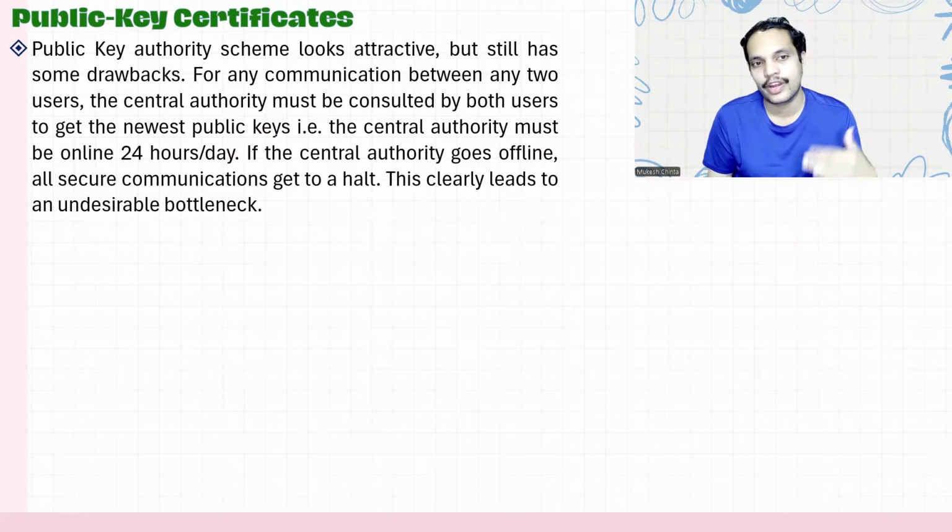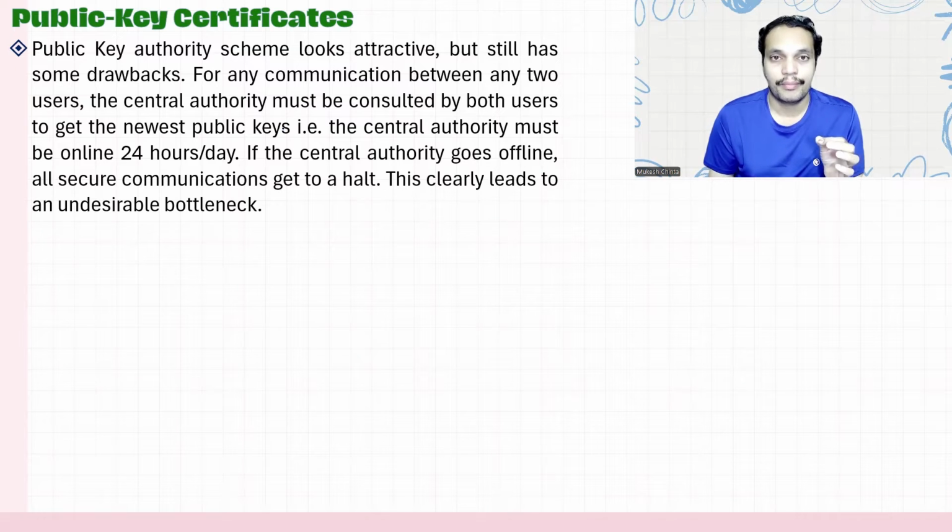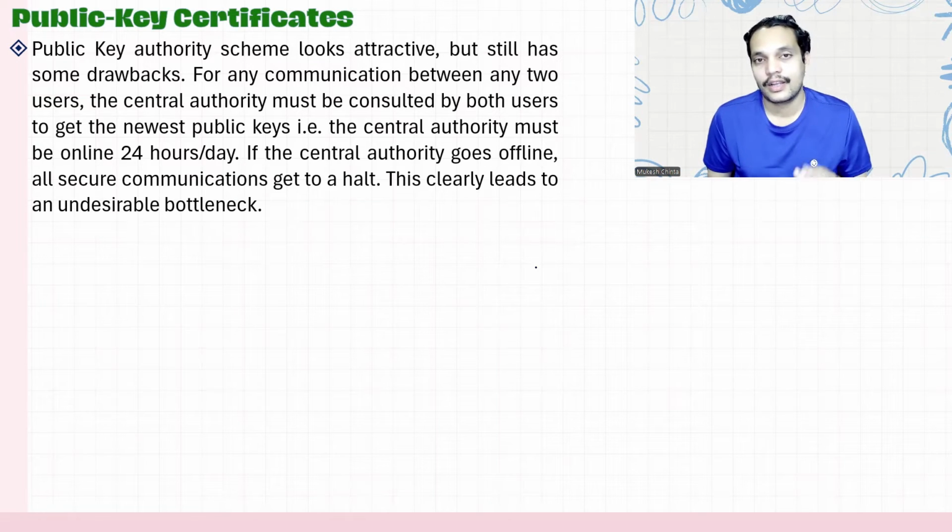Similarly, if A wants to communicate with C, once again it has to go through all the steps, which means the central authority must be available 24/7. If the central authority goes offline for whatever reason, all communications will be halted. They cannot proceed because the authority is unavailable to issue the keys. This clearly leads to an undesirable bottleneck.